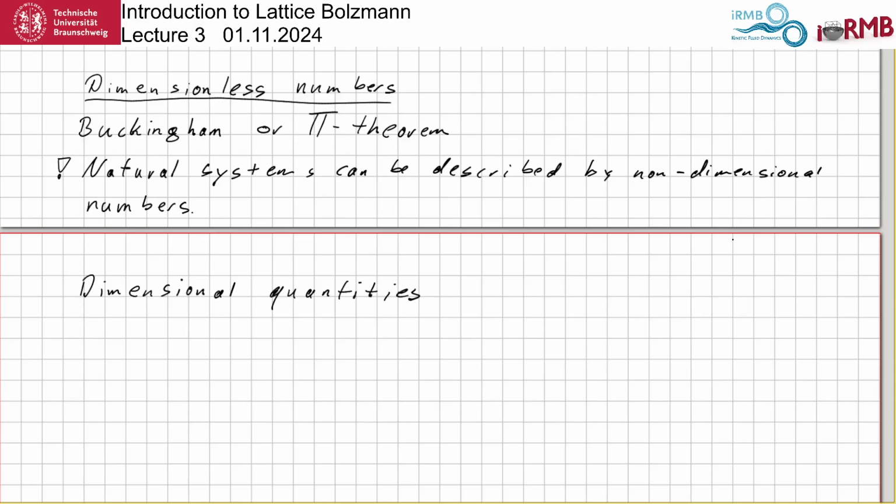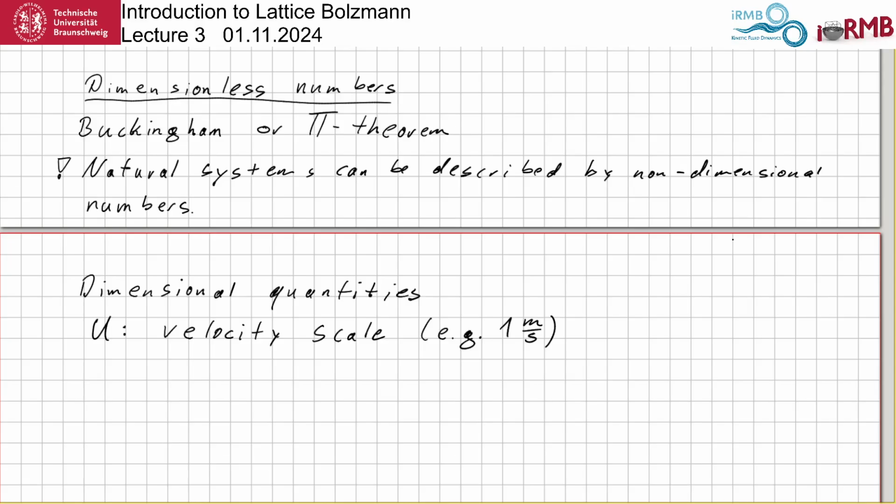Obviously the world is dimensional, so things that are interesting for us are the velocity scale. For dimensional analysis, you're not using any specific velocity, but you have a scale to which you compare the state of the system.